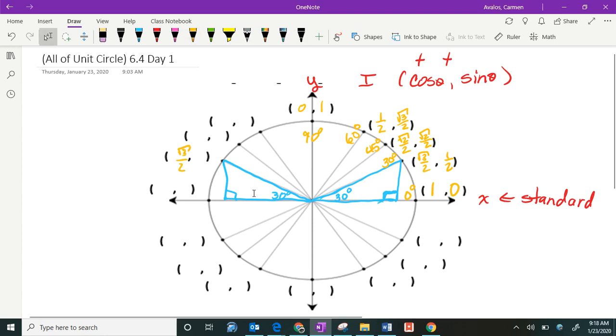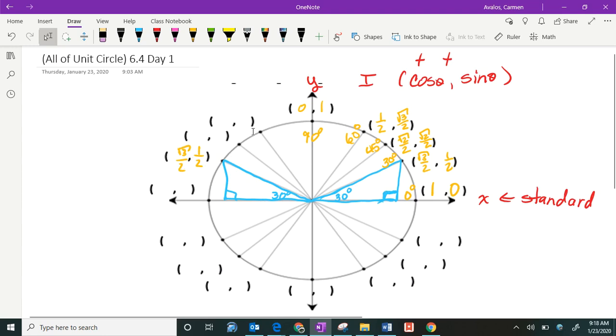And this one here is still the sine of 30. It doesn't change no matter what quadrant it's in. It's still going to be 1/2. If you're saying, why is that the same? Because it's still the same triangle with the same length of sides and the same angle, so they're the same values.